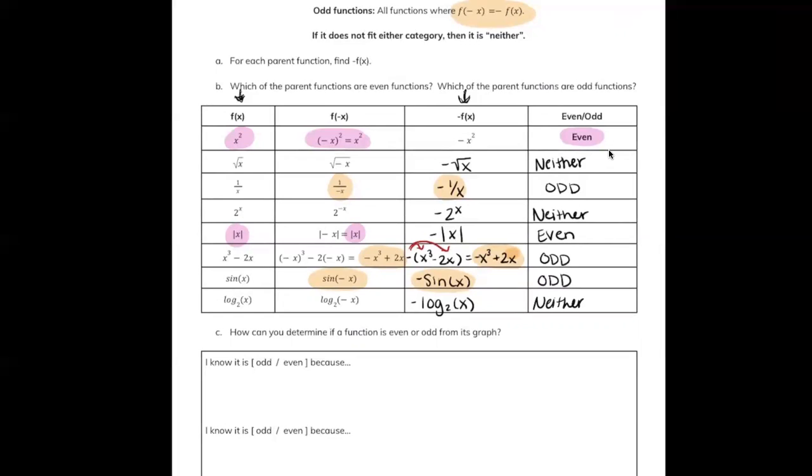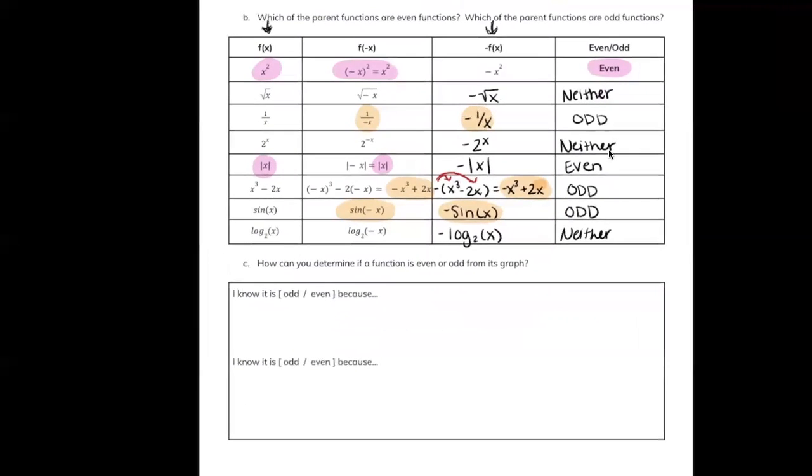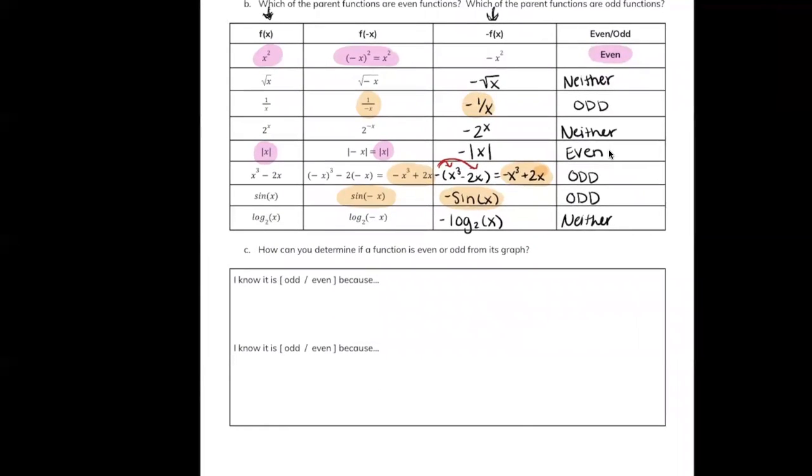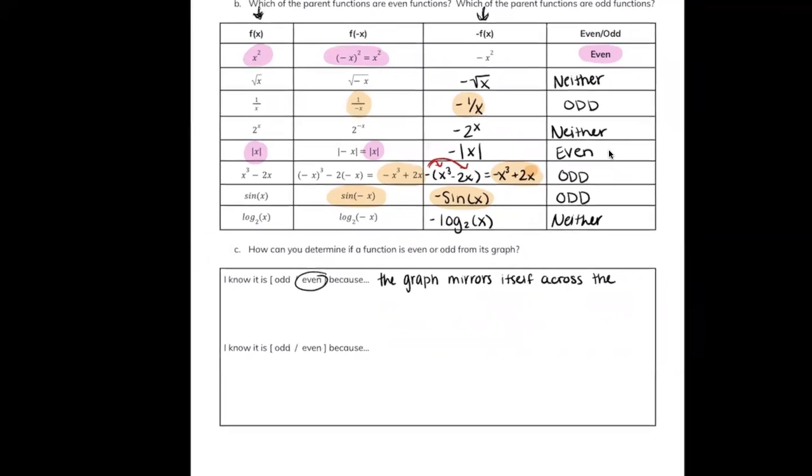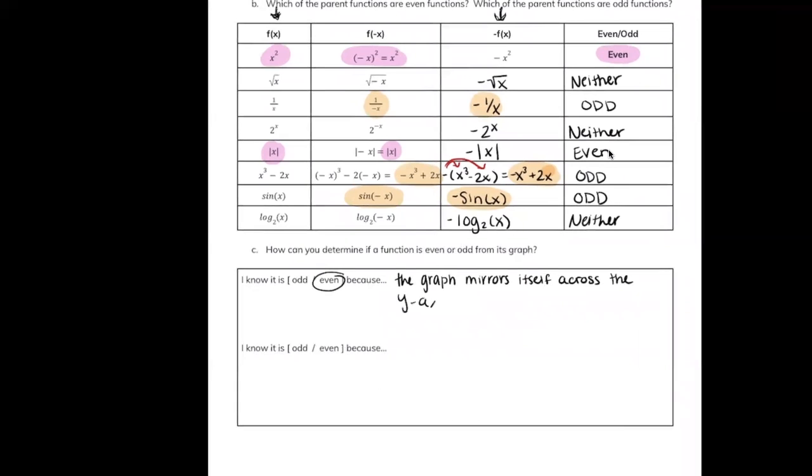So at this point, we should know that a function is even because the graph mirrors itself across the y-axis, which is in your notes.